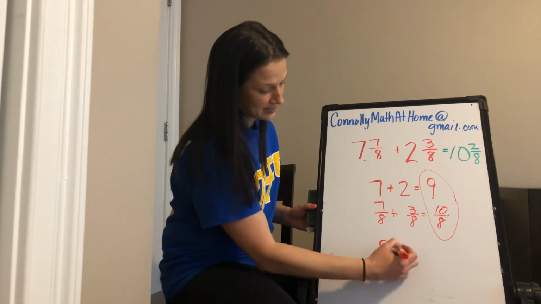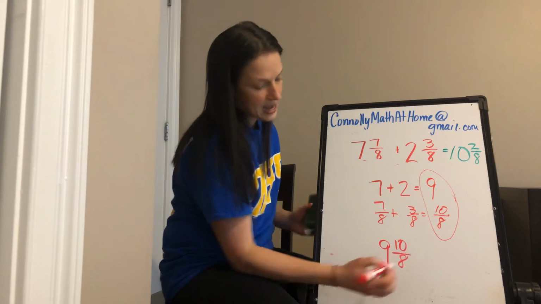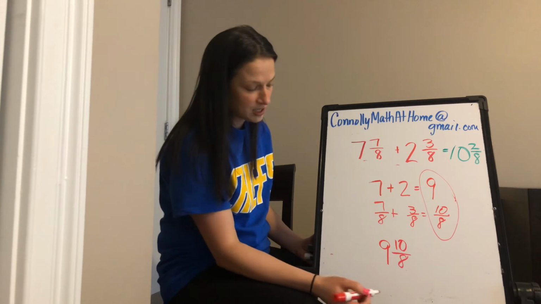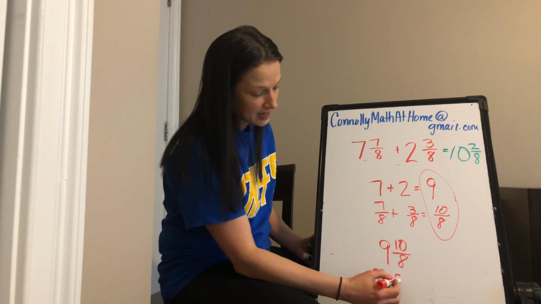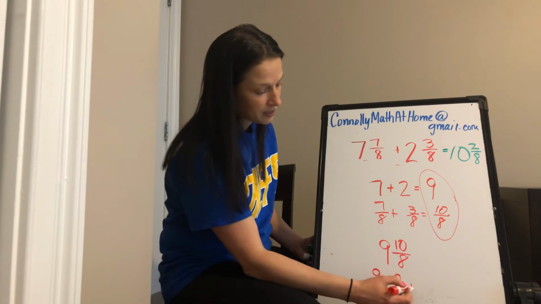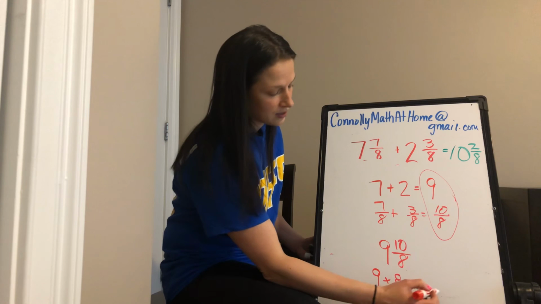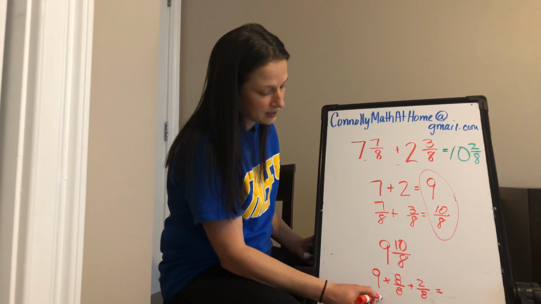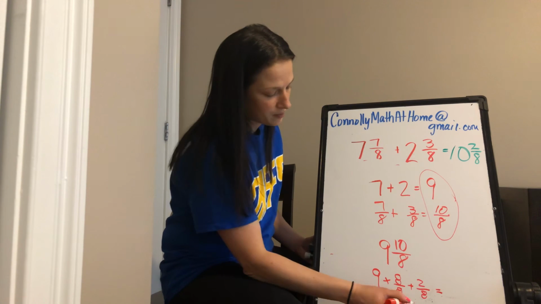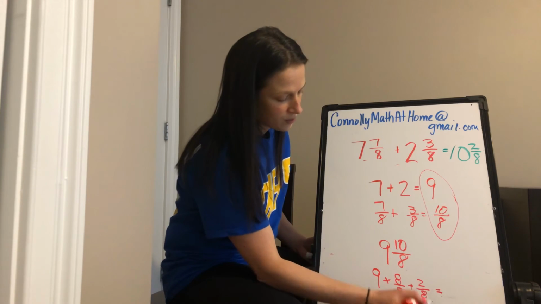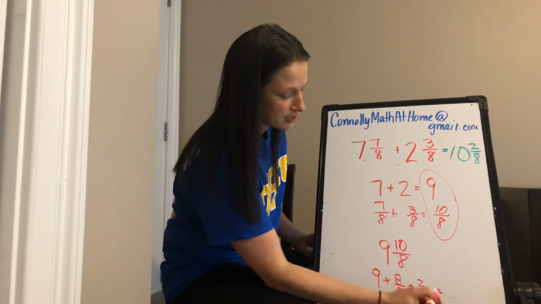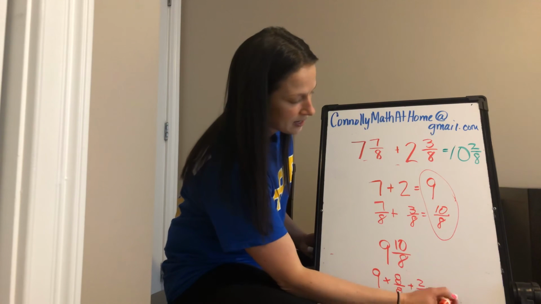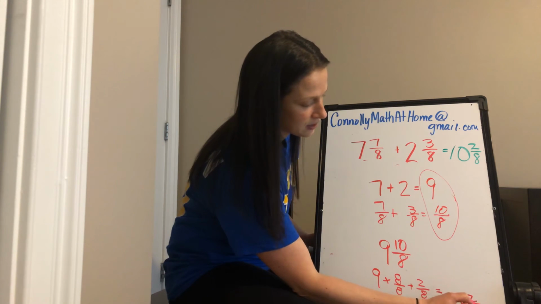So you end up with 9 and 10/8. And you have to do some changing to mixed numbers. So 10/8 is the same as 8/8 plus 2/8. So then you end up with 9 plus 1 plus 2/8. Watch my video on changing improper fractions to mixed numbers, and then you get your 10 and 2/8.